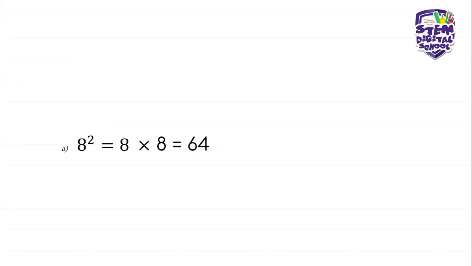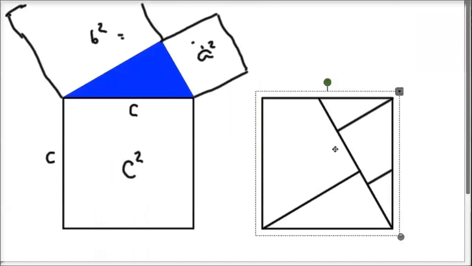And of course, we have done this, but equally, we defined our right-angled triangle as follows. We said that the square of the hypotenuse side is equal to the sum of the squares of the other two sides.